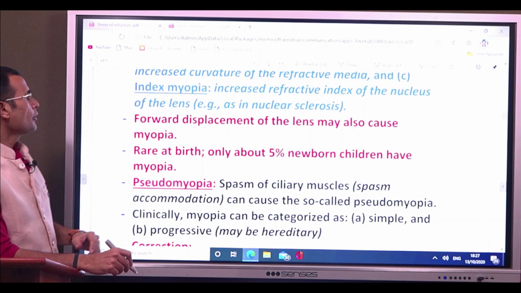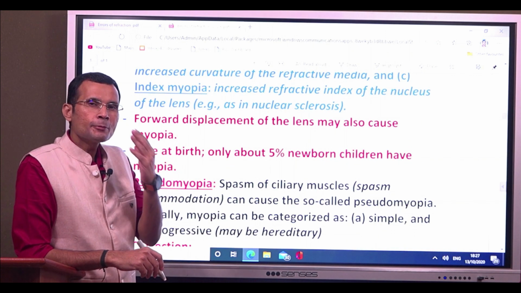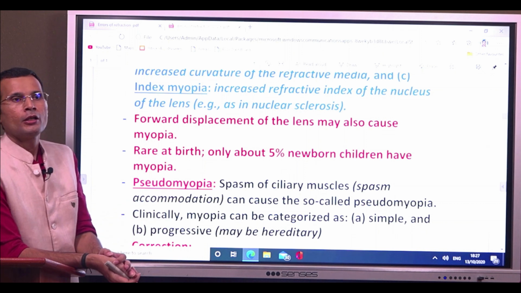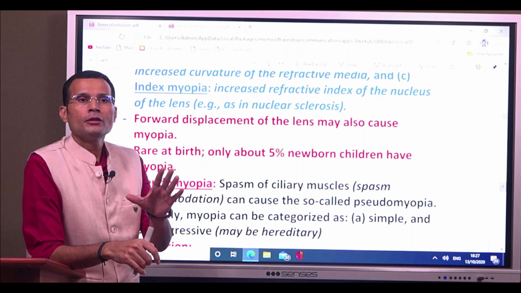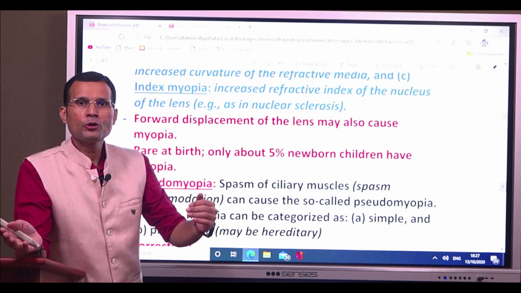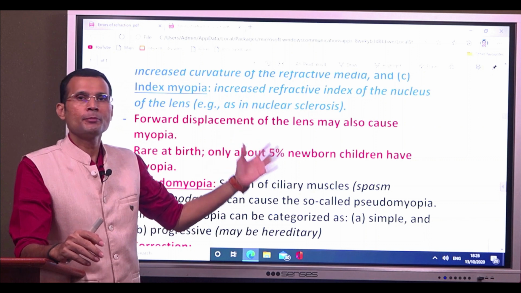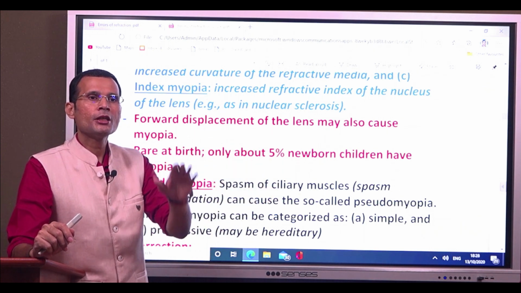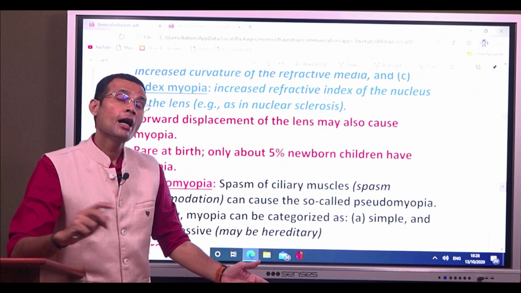Okay, now remember, forward displacement of the lens may also cause myopia. I am just taking a leap forward for hypermetropia. How are you going to compare this with myopia? Just remember, myopia, short-sightedness, image forms in front of the retina.